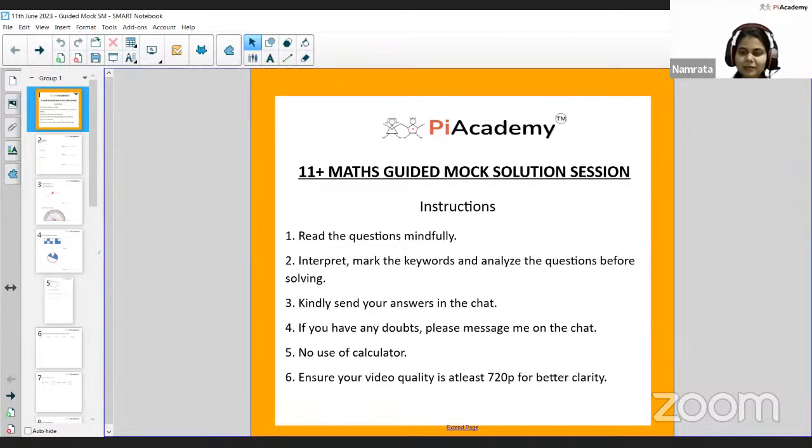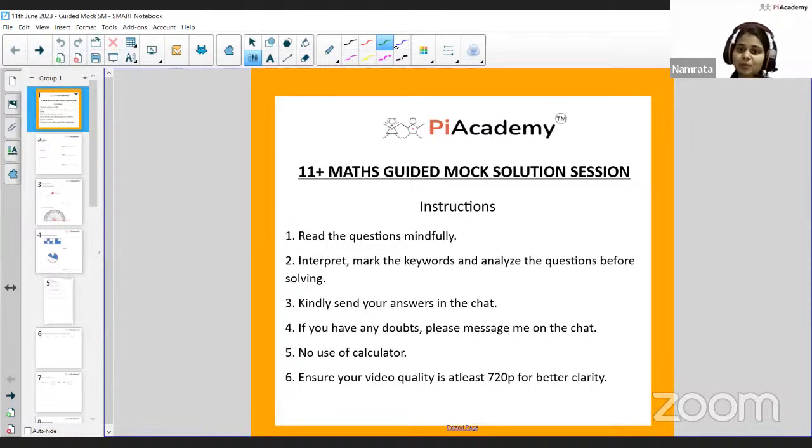Okay, so before beginning with the questions, let's first set some ground rules. Let's have some instructions read. Here today we are going to be solving the most frequently asked questions from one of the past papers for 11 plus maths exam.